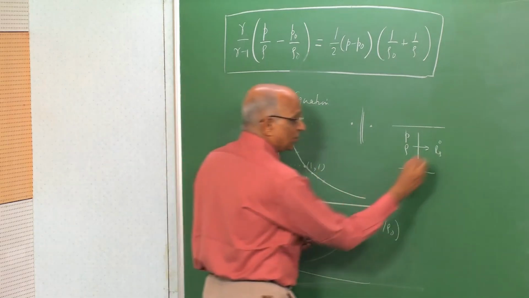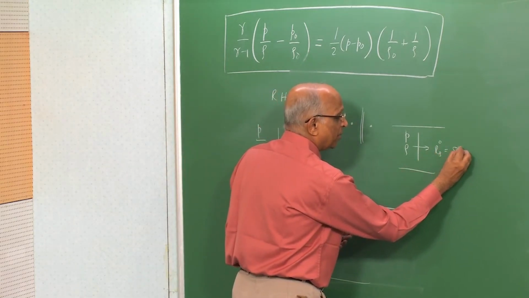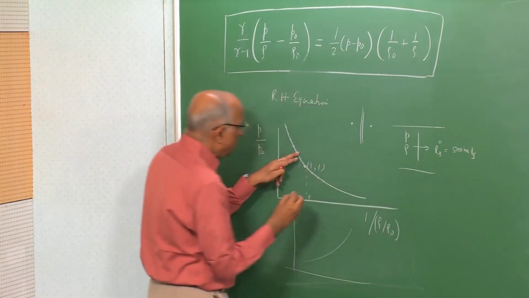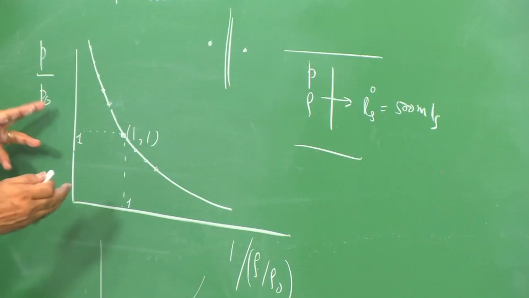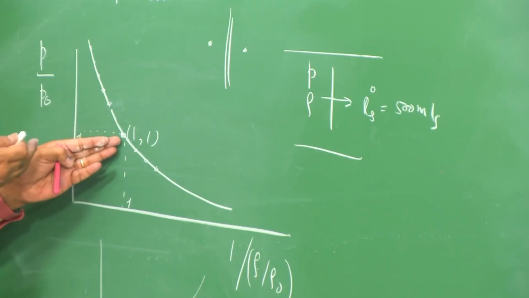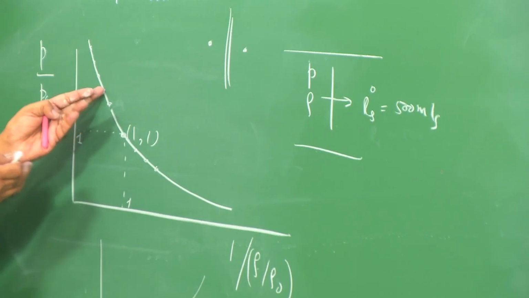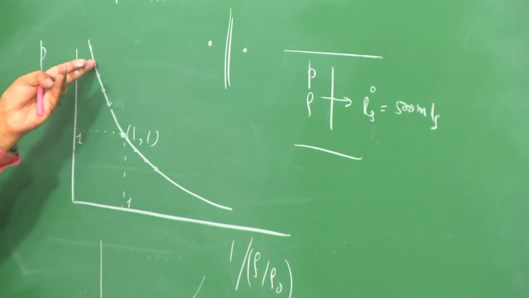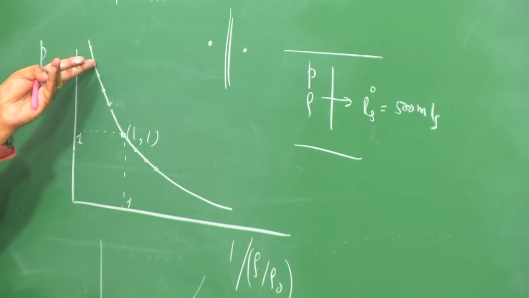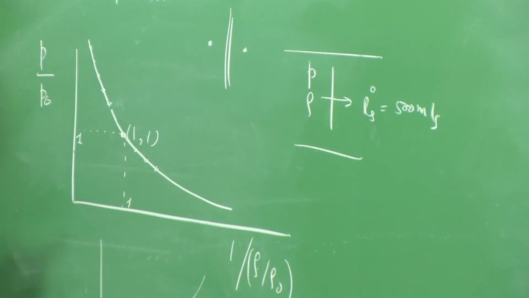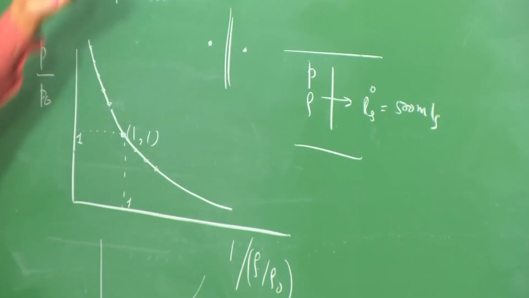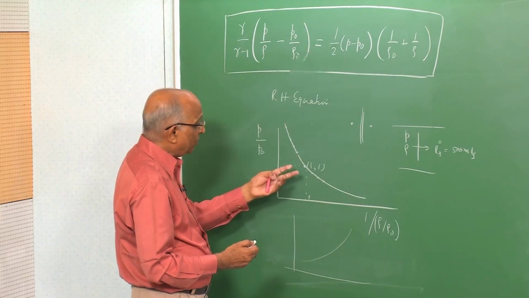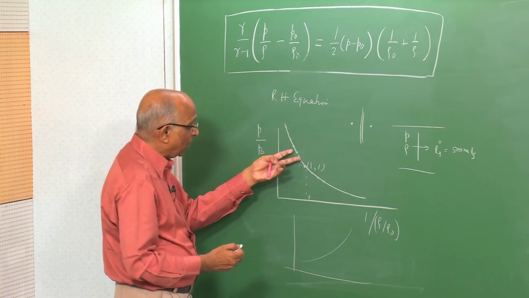Let us say Rs dot is 500 meters per second. Is it going to be this point? Is it going to be this point? That means into this plot I have to put a velocity. If I can say, for this velocity it is going to be here, for this Rs dot it is going to be here, then I am in business. Otherwise, I do not know what to do. Therefore, it is necessary to look at the Rankine-Hugoniot equations, or the shock Hugoniot equation, again, but we have to define the velocity on this plot.